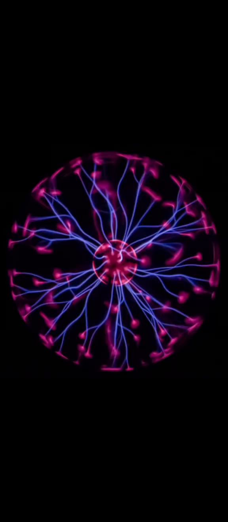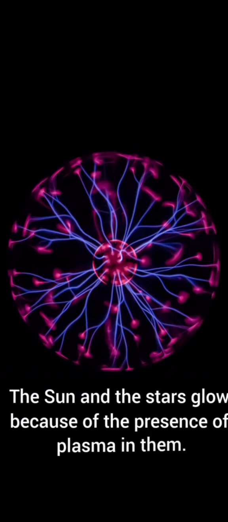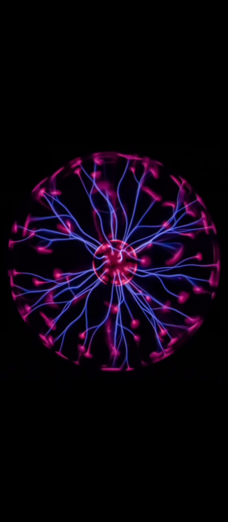Electrical energy flows through it. This charging up creates a plasma glowing inside the tube or bulb. The plasma glows with a special color depending on the nature of the gas. The sun and the stars glow because of the presence of plasma in them. The plasma is created in stars because of very high temperature.